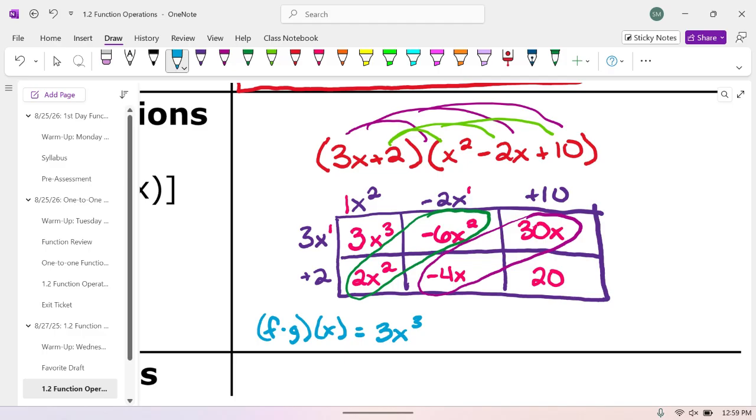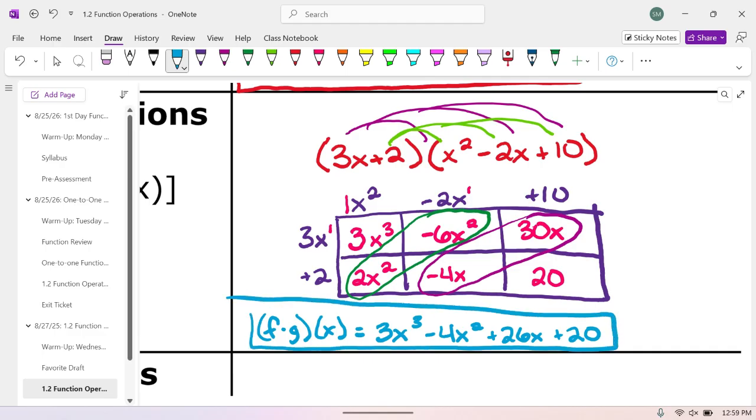What's negative 6x squared plus 2x squared? Negative 4x squared. Then my x's. What's 30x minus 4x? Positive 26x. And then I bring down my 20. So this would be our new function if we multiplied those two together.